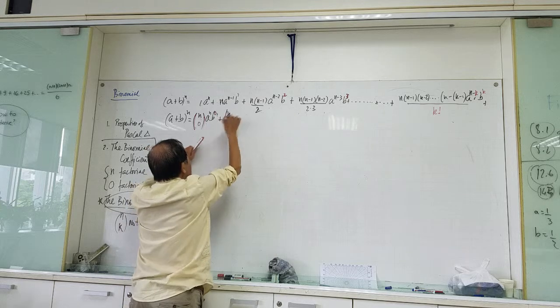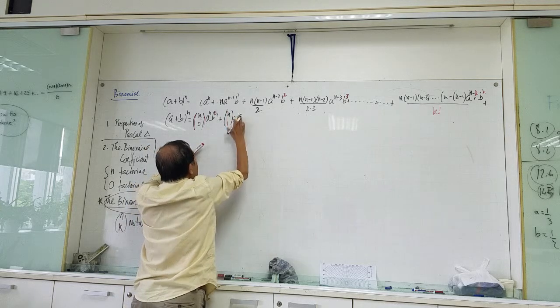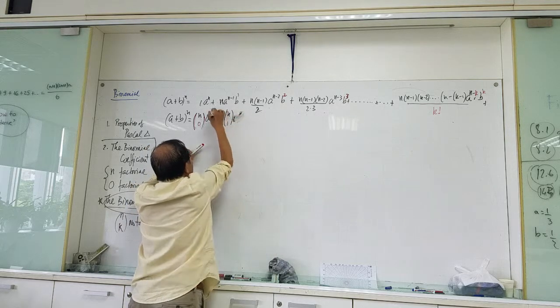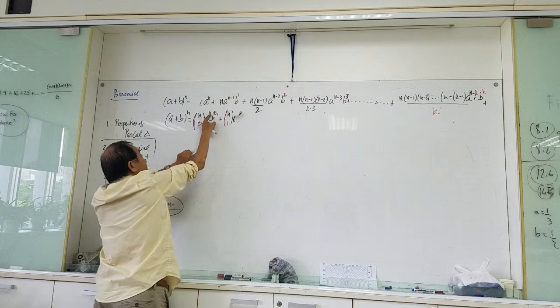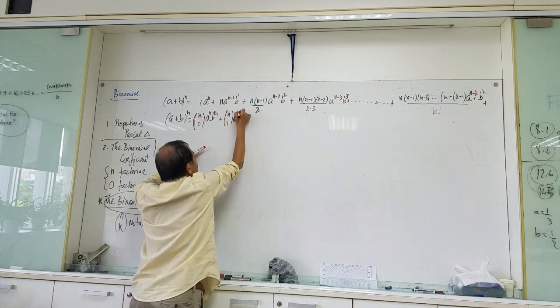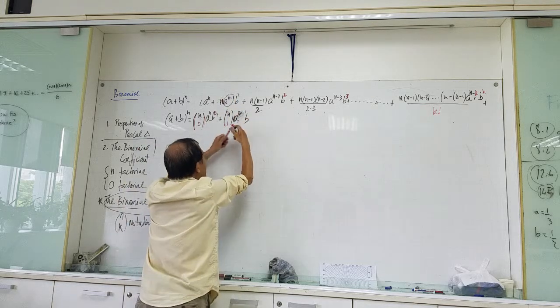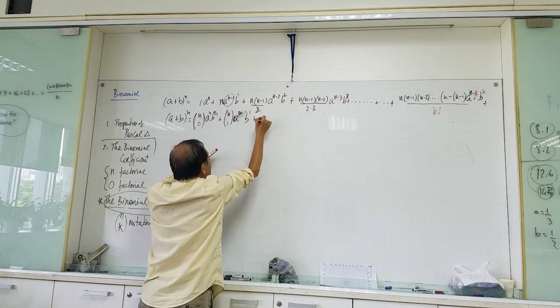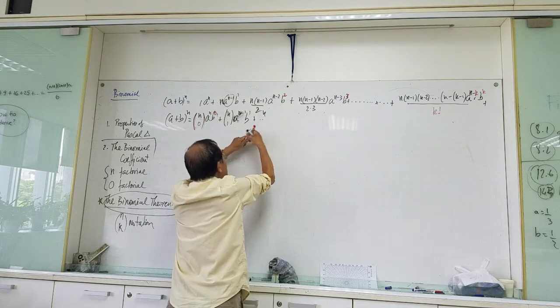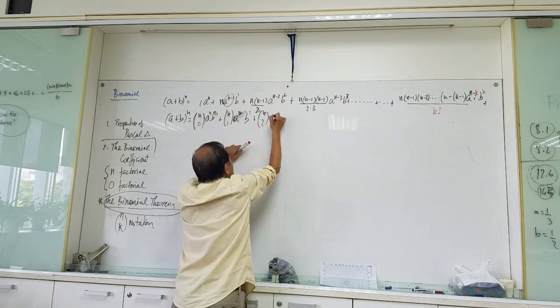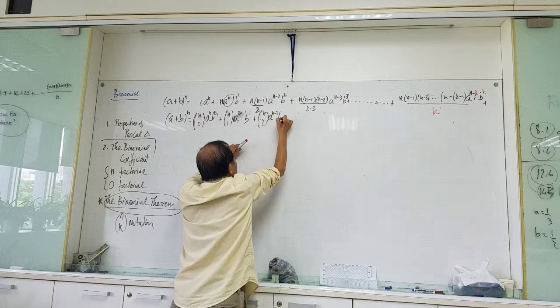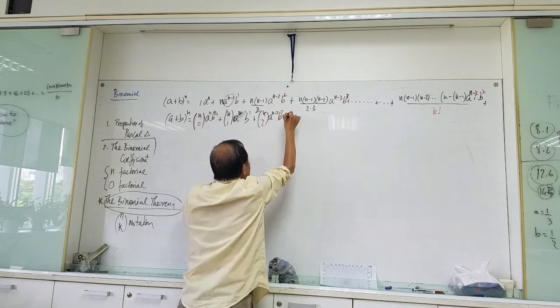So 1 times a to the n. Now you go down one degree, right? So you have a to the n minus 1, and b to the 1 power, and plus n choose 2 times a to the n minus 2 b squared, and so on.